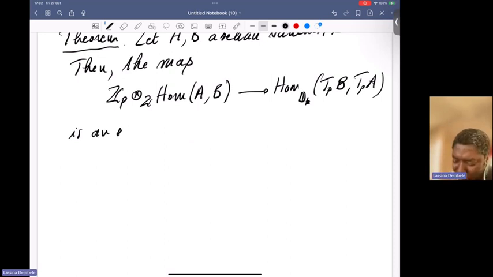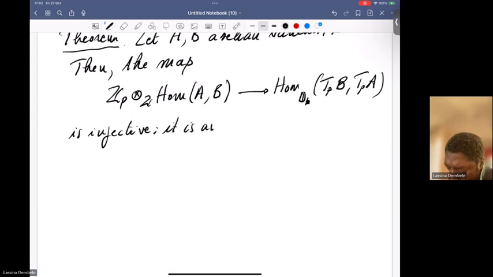It's injective, and it is an isomorphism when K is finite.